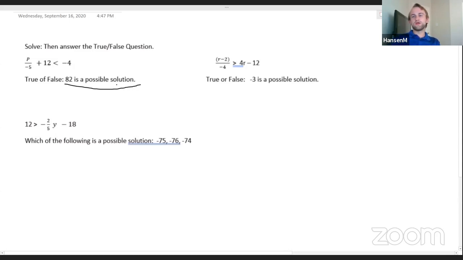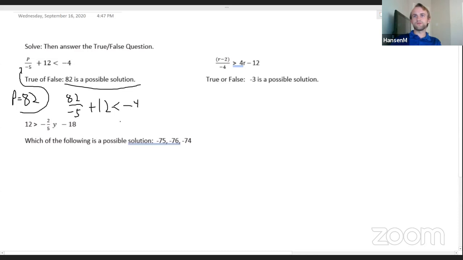It's the same process as we were using earlier to check our answer whenever we solve an inequality. We set p equal to 82 and see if the inequality is true. So when we plug that in, we get 82 over -5 plus 12 is less than -4.